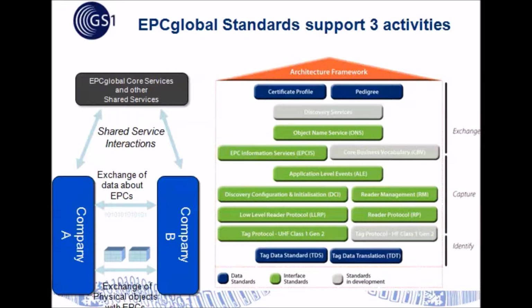The second is to capture the data about the movement of physical assets, creating visibility. So the second will be data capture. The third is exchanging the data with IT applications or departments to turn visibility into information and action. So there are 3 purposes: identify, capture, exchange.